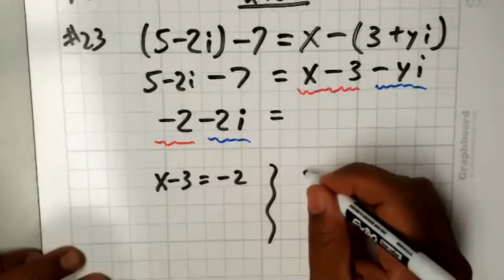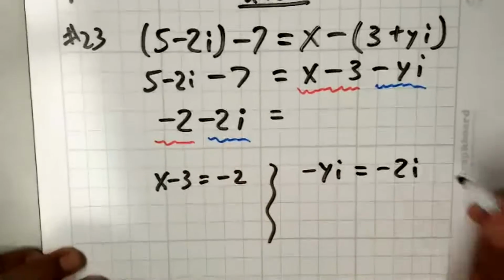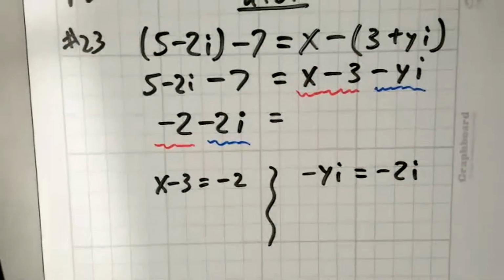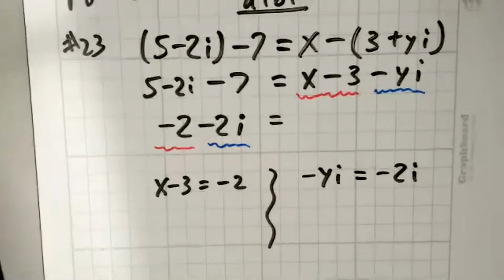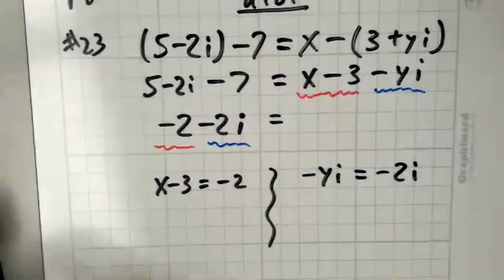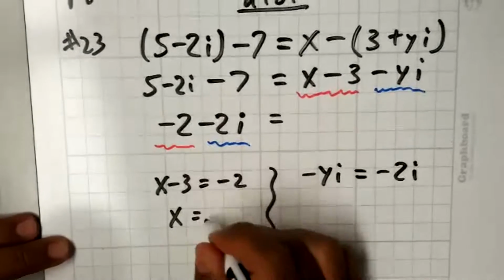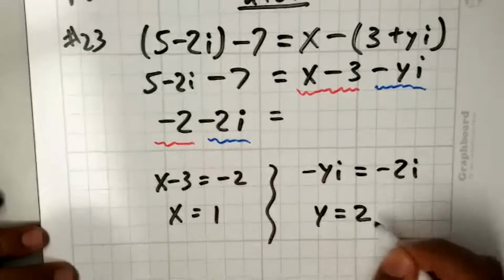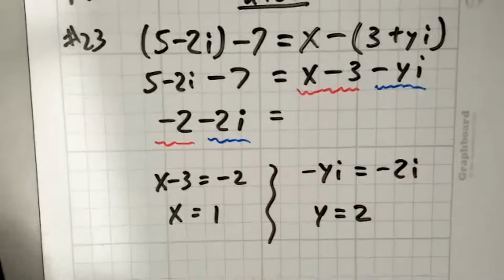And your minus yi has to be equal to minus 2i. And then you solve for x and y. So x would be 1, and it looks like y would be 2. So hopefully that made sense.